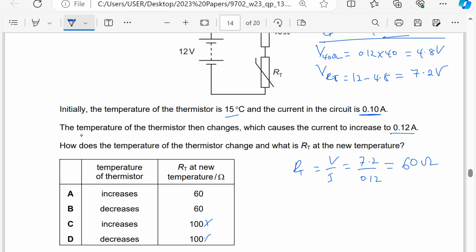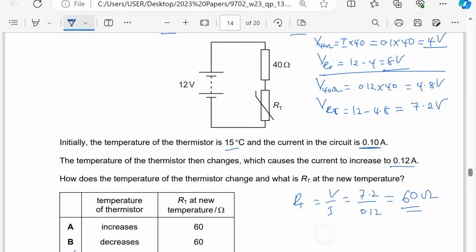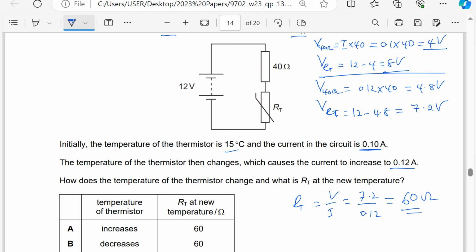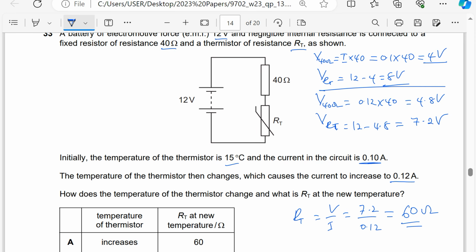So we ignore C and D. Okay. Now the resistance for both is 60. But what has happened to the temperature of the thermistor? I can find the initial resistance to see if it has increased. But the PD across the thermistor has decreased.